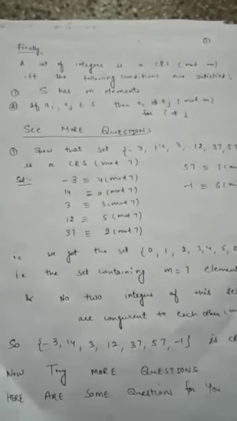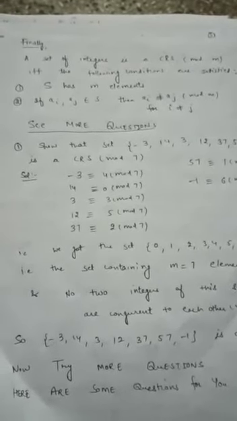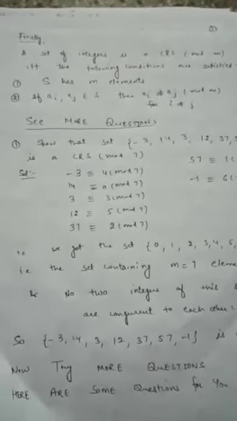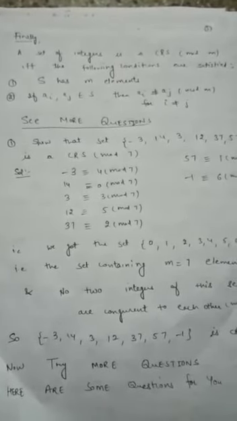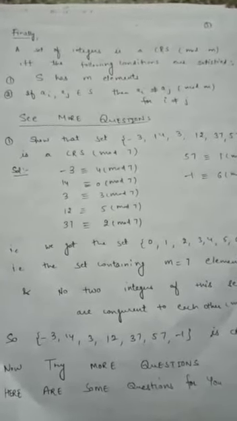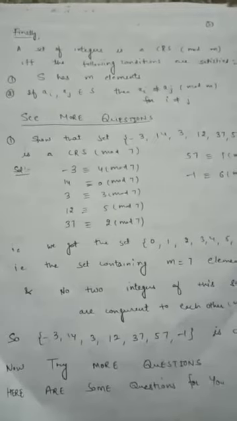So finally we see the definition again. A set of integers is CRS modulo m if and only if the following two conditions are satisfied. That means if we are given a set and we have to check whether it is a complete residue system or not, we have to check the two conditions. First, this set must contain m elements. M means that integer which is in mod.